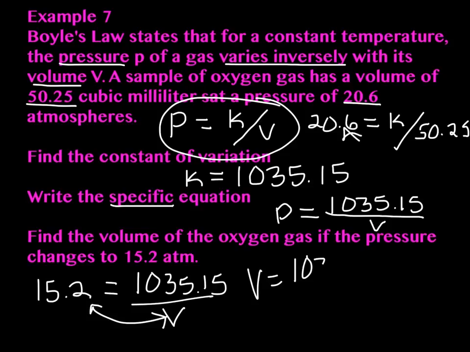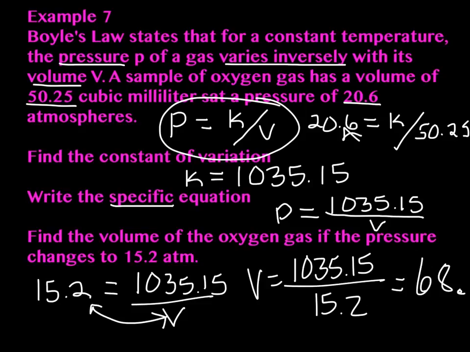So take 1035.15, divide it by 15.2, and you get a volume of 68.102. And our volume is in cubic milliliters. So I'm going to write milliliters cubed, or you can write the words cubic milliliters.